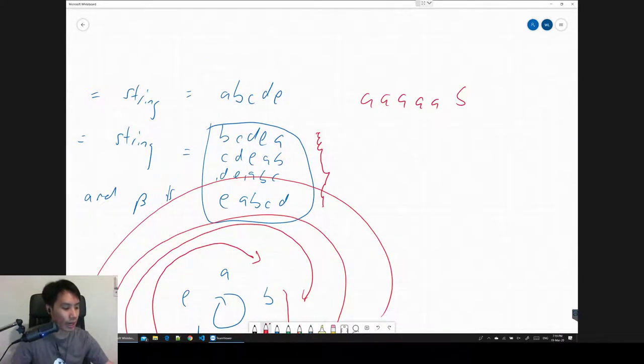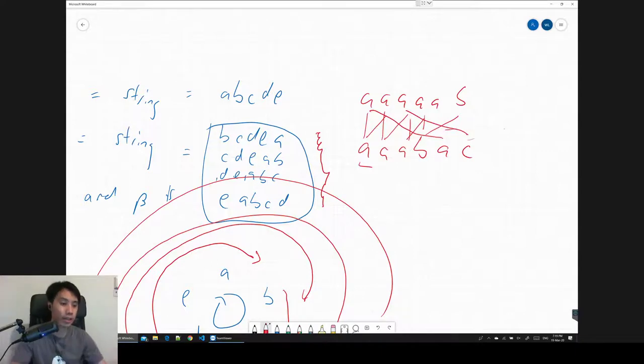But if I give you A, B and ask you if A, B, A, C is circular, you begin from here and compare. It's not the same. Then you begin comparing again. Not the same.